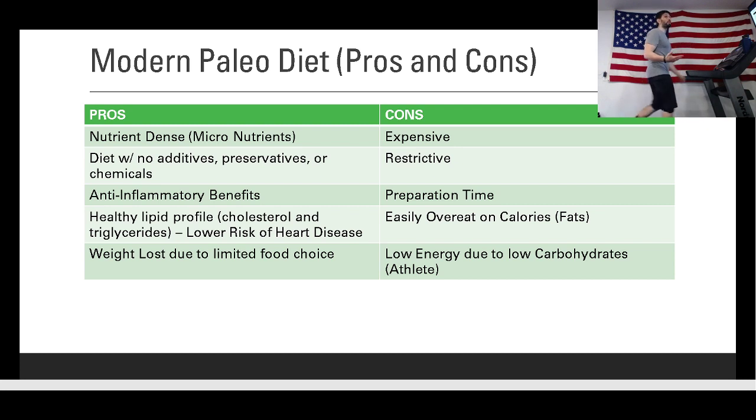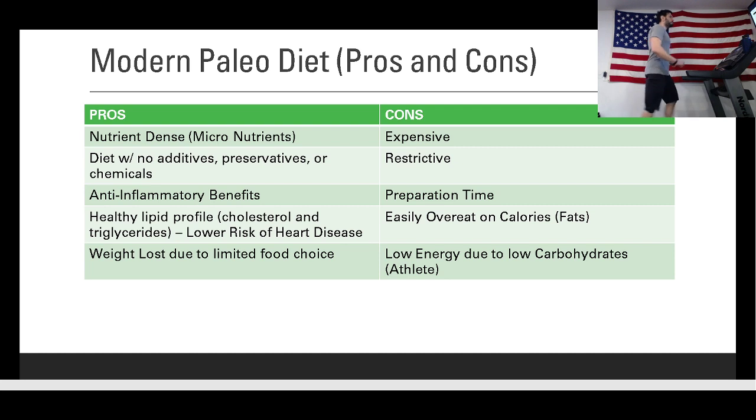And then also the preparation time. Obviously, going out and getting your prepackaged meal and just popping it in the oven, versus imagine if you got your fresh piece of meat and you had to season it and cut it up and cook it, and you got to get your vegetables out and prepare them and cook them. Obviously, it's going to take longer to prepare your own food, right?